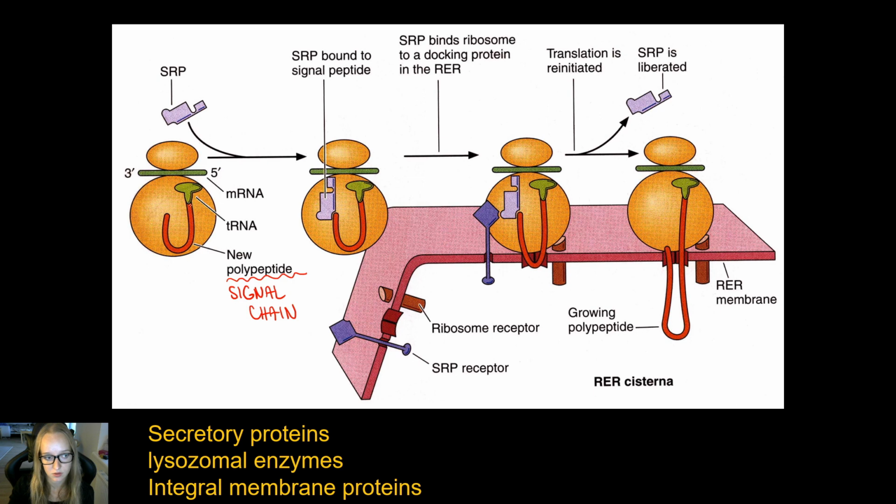It just created this signal chain, and now the proteosynthesis is stopped until it binds to signal recognition particle, SRP. I don't know if it's written somewhere here. I'm going to write it down. Signal recognition particle.